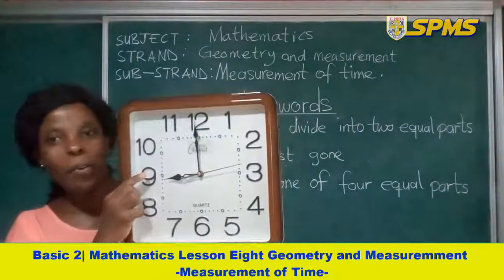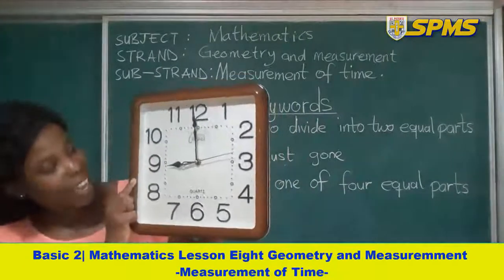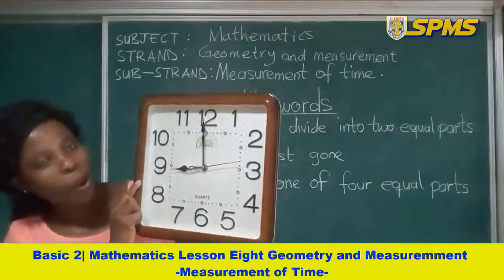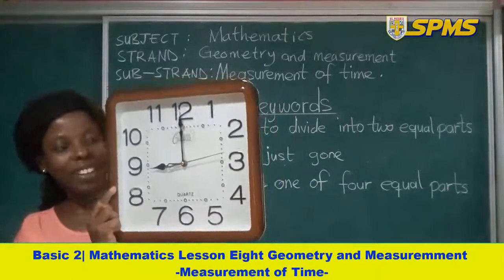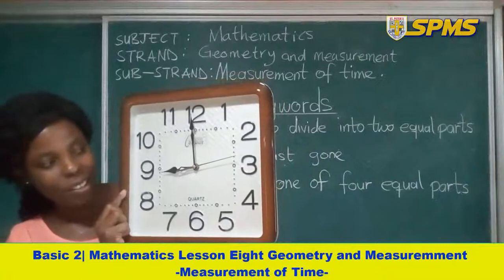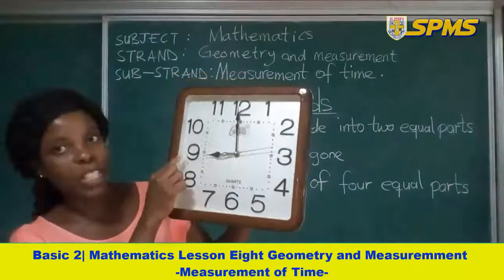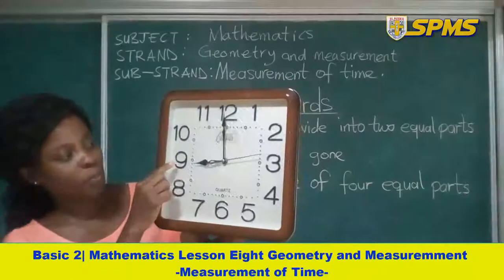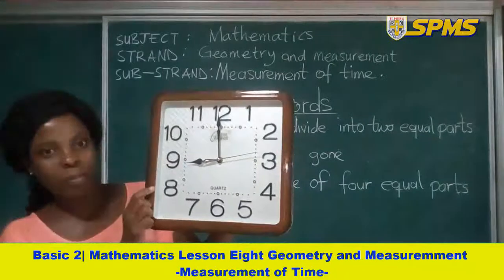So now, what says the time? The time is 9 o'clock. Can you see it well? What shows that it's 9 o'clock? The hour hand is on 9 and the minute hand is on 12.